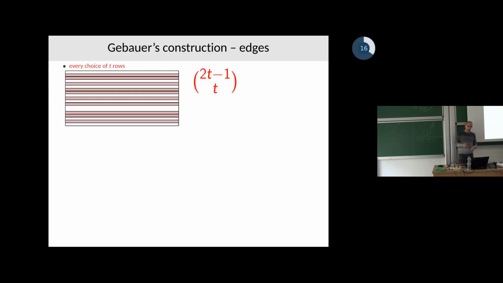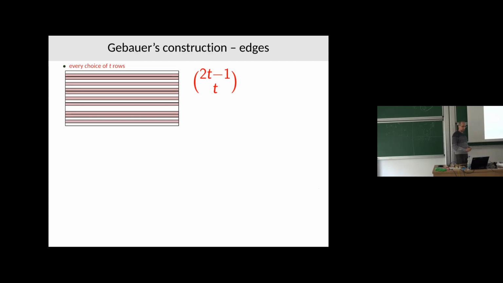And the construction goes in 3 steps or 3 phases. In each phase of the construction, some decision is made. In the first phase, we decide with which set of rows we are going to work.